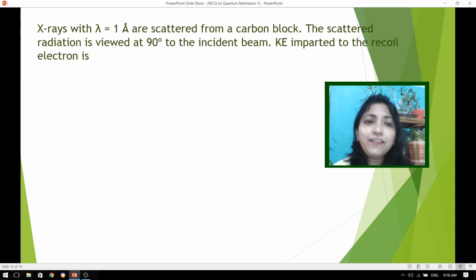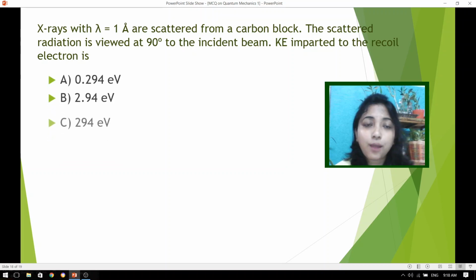X-rays with wavelength lambda equal to 1 angstrom are scattered from a carbon block. The scattered radiation is viewed at 90 degrees to the incident wave. KE, which means kinetic energy imparted to the recoil electron, is, 4 options are given for us.